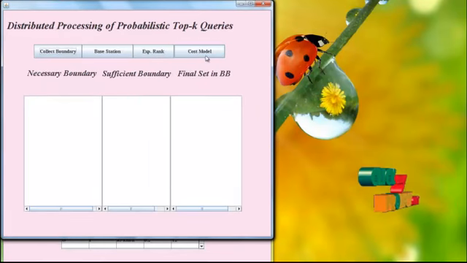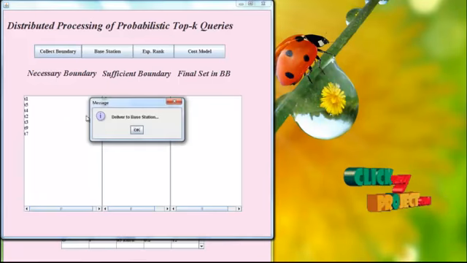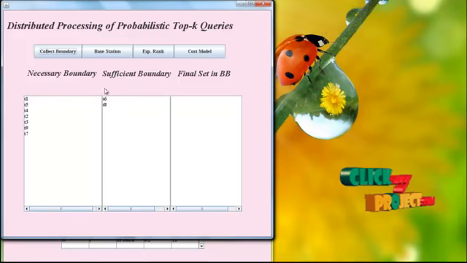Then boundary based, which is inter-cluster values. Boundary based is the average of necessary set and sufficient set values. Now we collect the boundaries. Each of the boundaries is delivered to the base station. Necessary and sufficient sets are combined into the overall boundary values presented in our wireless sensor network.